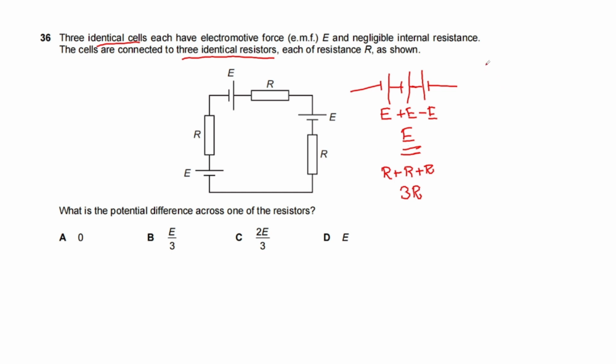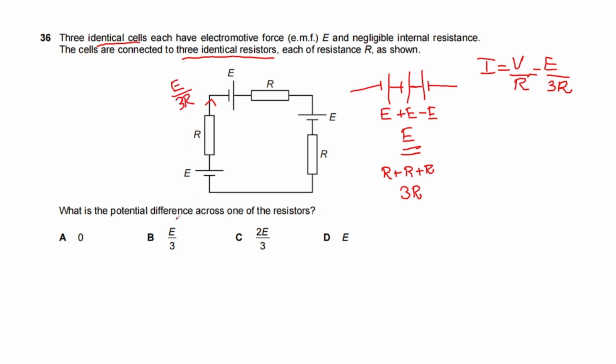From Ohm's law, I is equal to V divided by R, right? Here the EMF value is E and the total resistance value is 3R. So this is the total current passing through it, and the same current will pass through the identical resistors. So the current is E divided by 3R.